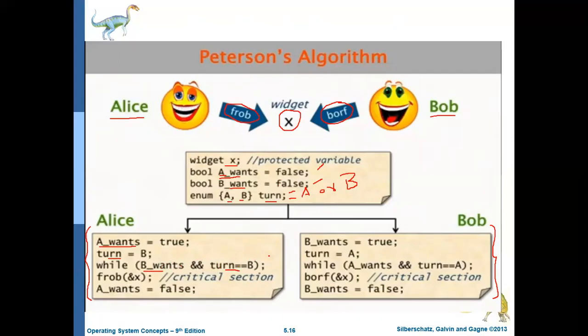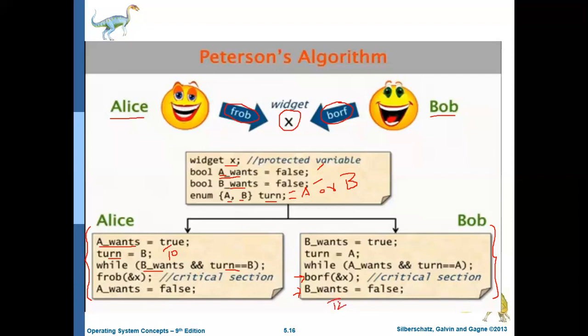So Bob will execute his critical section, but once the critical section is over, Bob will make B wants false. Bob is performing borf. Say at time t0 B wants is true, and at time t4 it becomes false.